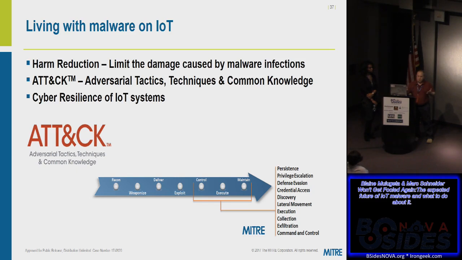I mentioned microsegmentation, where you're preventing lateral movement. Another idea would be to have multiple devices actually working in concert, and if one of them is infected, it doesn't bring down the whole system.